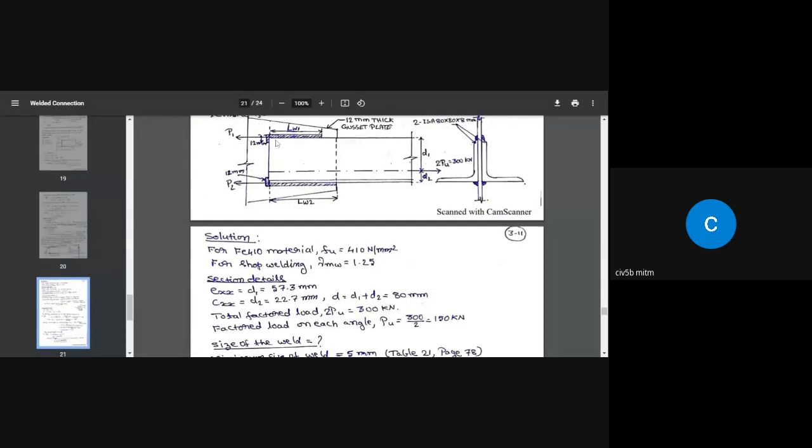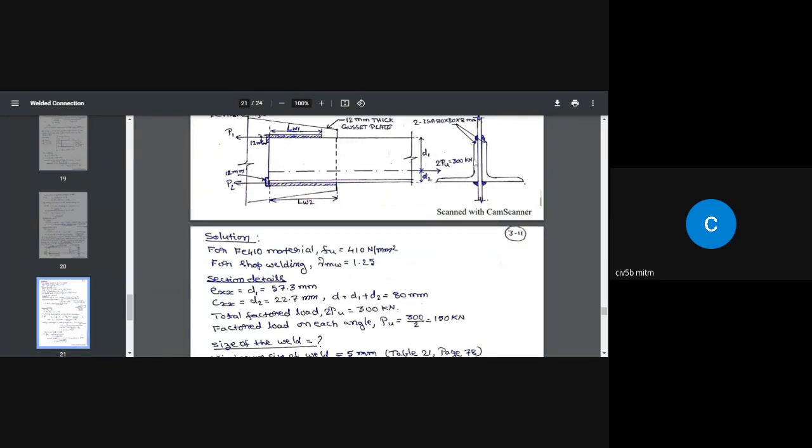Again, if you look here on each angle, this weld is transferring a force of P1 and this weld is transferring a force of P2. Of course, the length of the weld here is longer than the length of the weld here, as you all know, because this weld is transferring more force because of the more area.